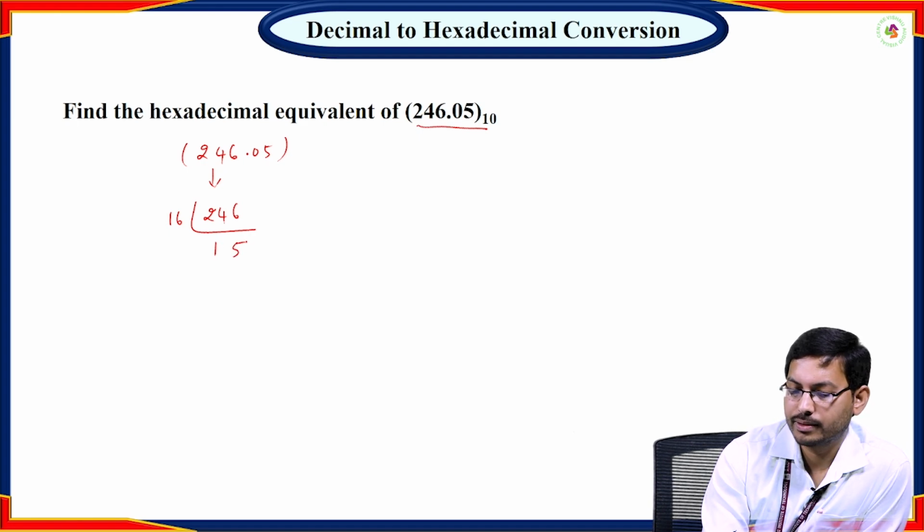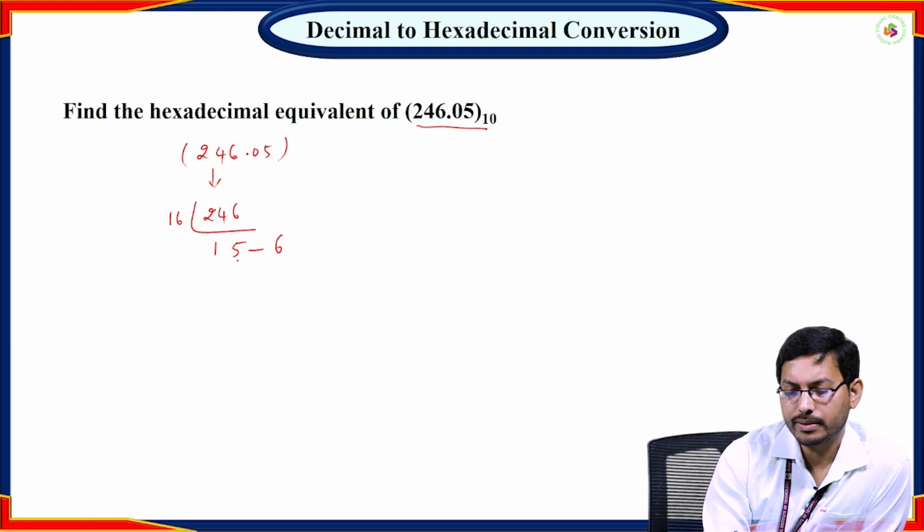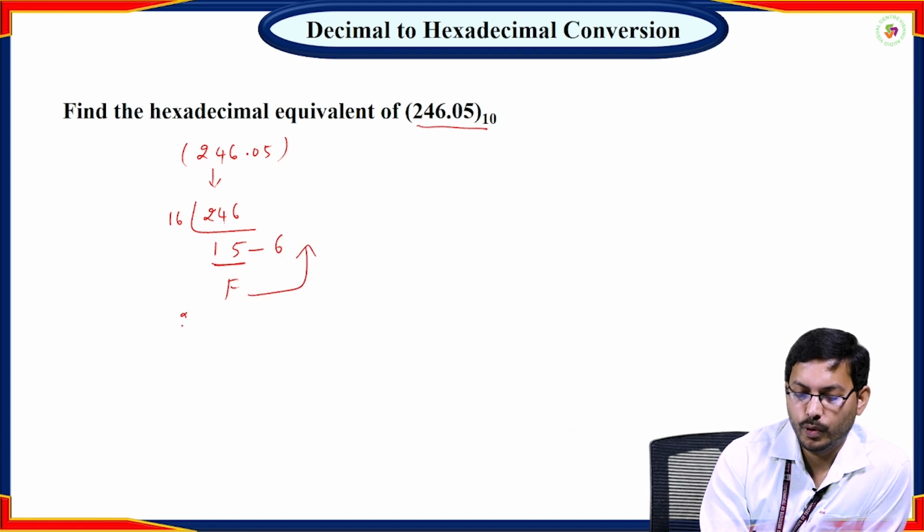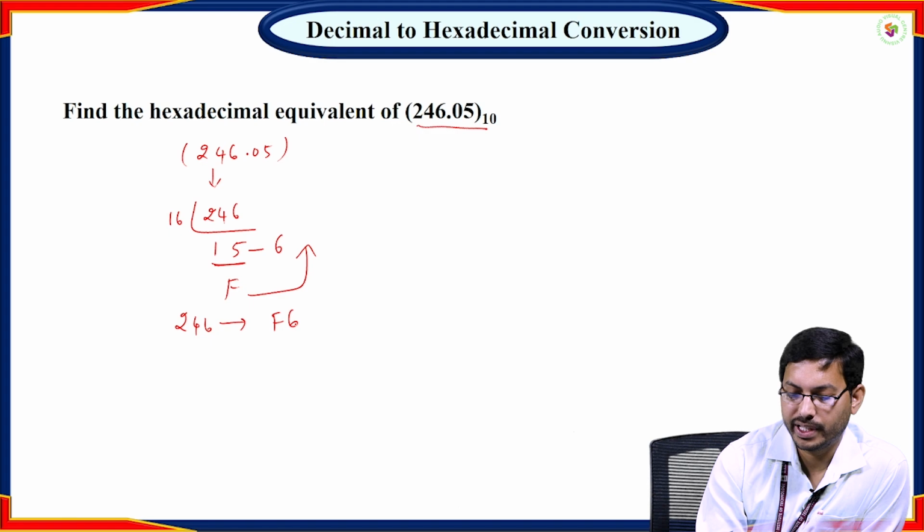So 16 5s are 80, here the remainder is 6. So now you can represent 15 here. According to the hexadecimal number system, you can represent 15 as F. So the final answer for 246 converted into a hexadecimal number is F6.